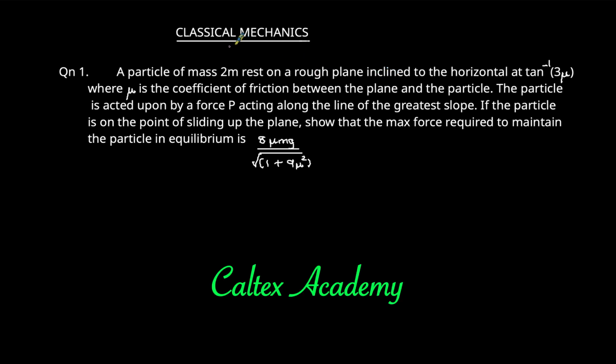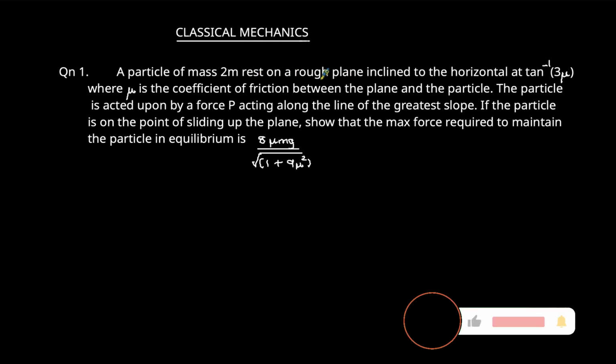Today we are looking at classical mechanics. We have a question here that talks about a particle of mass 2m resting on a rough plane inclined to the horizontal at tan inverse of 3 mu, where mu is the coefficient of friction between the plane and the particle.